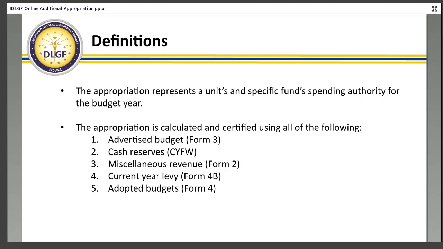For the purposes of this presentation, cash reserves is going to stand in for 1, the cash balance as of June 30th, 2, any planned expenditures for the last 6 months of the year that could reduce that cash balance, and 3, the December settlement revenue that will be deposited that will potentially increase the cash balance. The shorthand is we're just going to refer to those as the cash reserves.